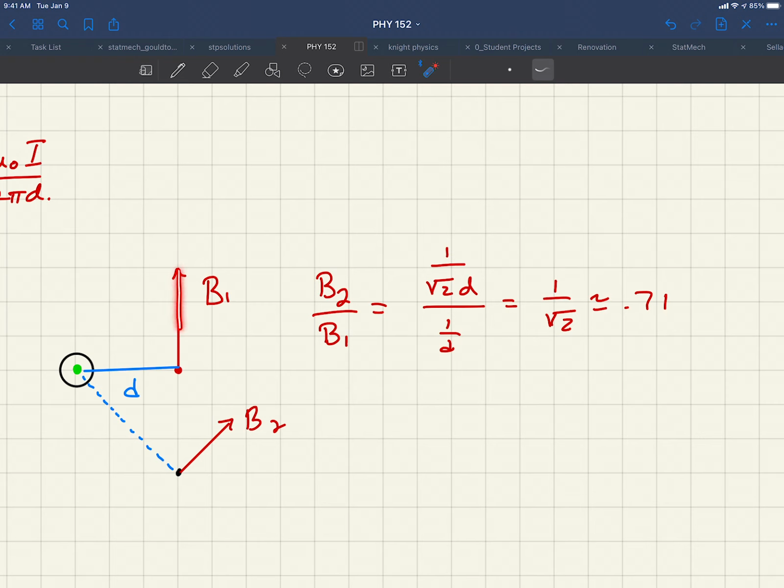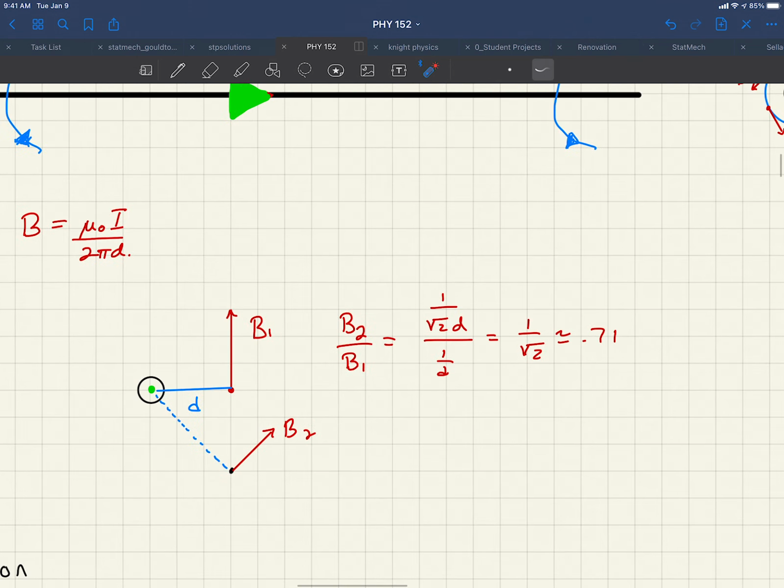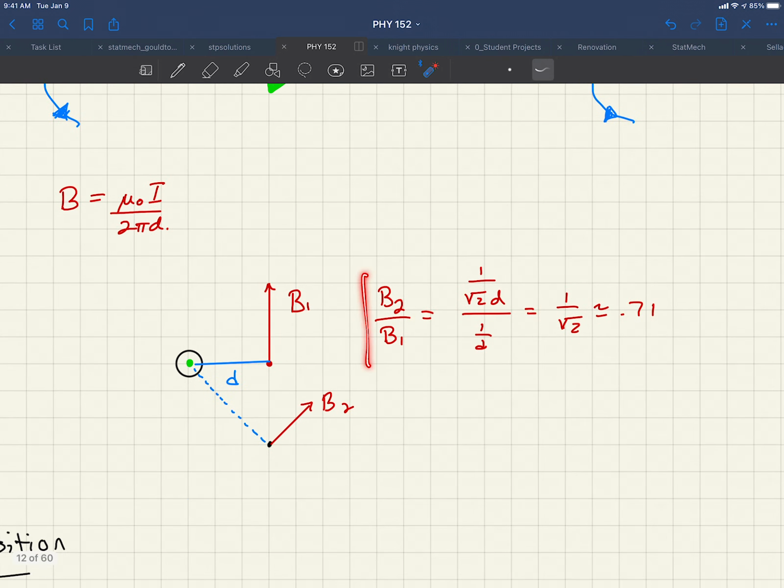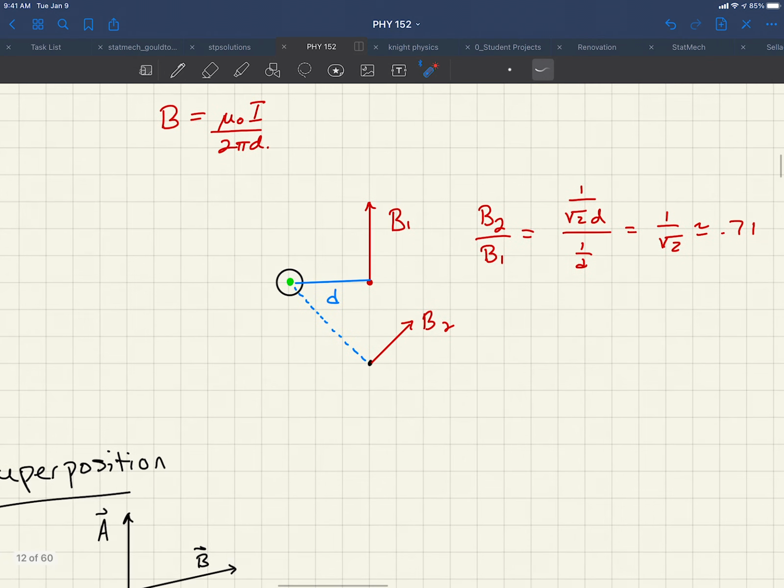So if I were to take the length of this vector here and take 71% of it, maybe about there, that's going to be the length of B2, about 71%. And so we expect that whenever you're drawing magnetic fields, you're drawing these ratios correctly and properly to scale. We expect to see your ratios drawn as appropriate.